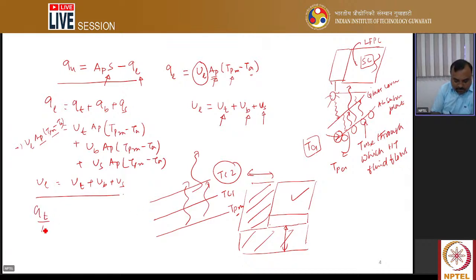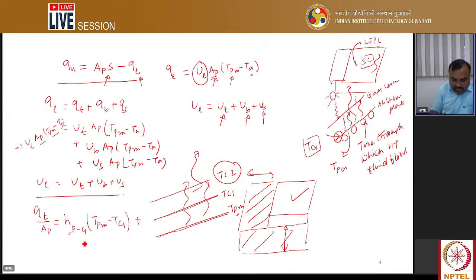what we'll have here, suppose I write QT by AP, which is HP to C1. So from the absorber plate to this glass cover 1, this is the heat transfer coefficient for the convective part.